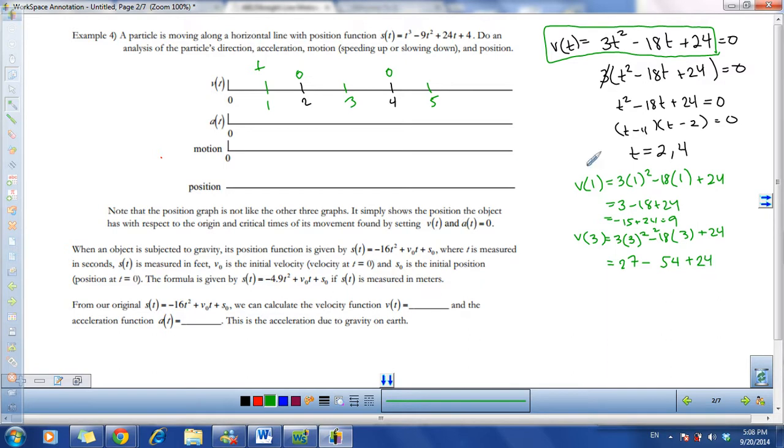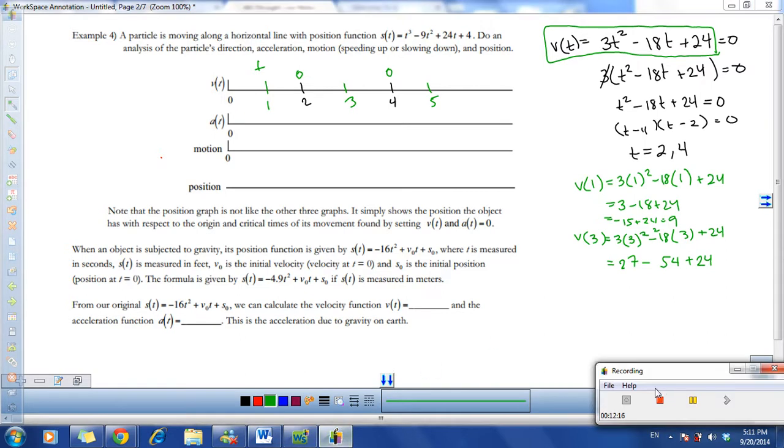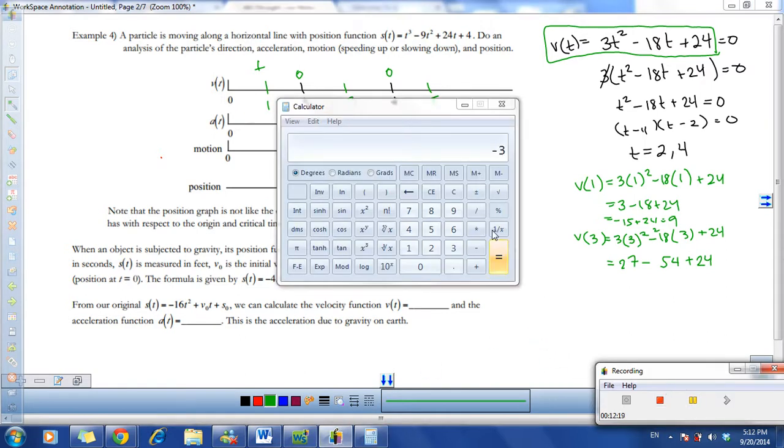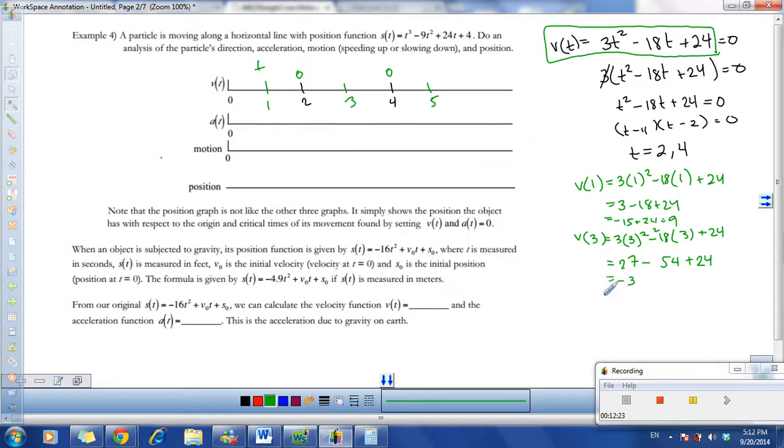Let me see, 54. Okay, using my handy-dandy calculator, I got negative 3. So it'll be negative at 3.